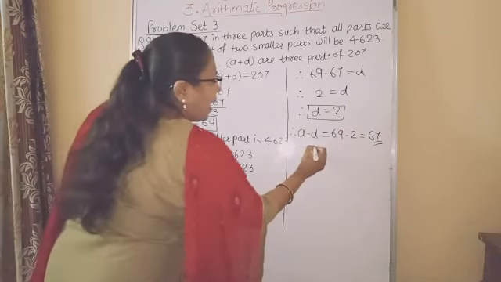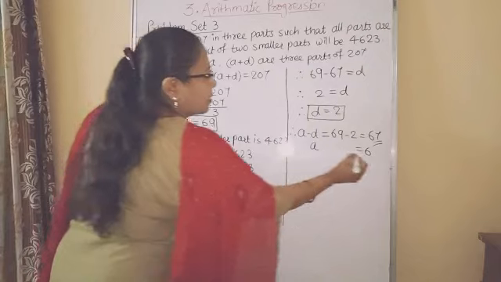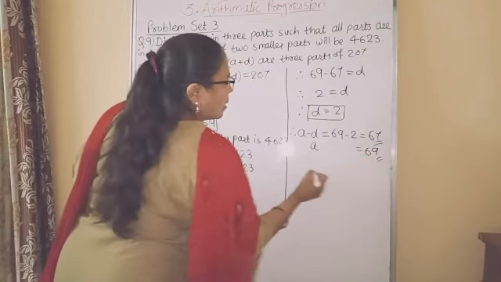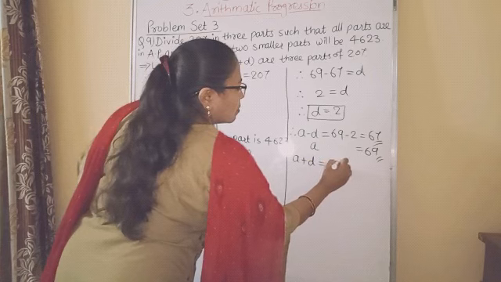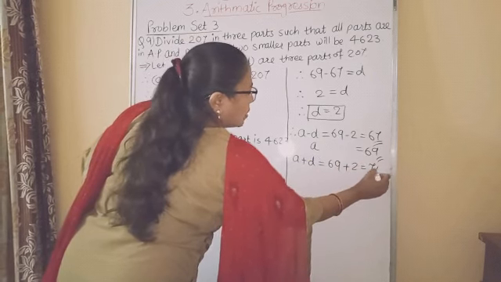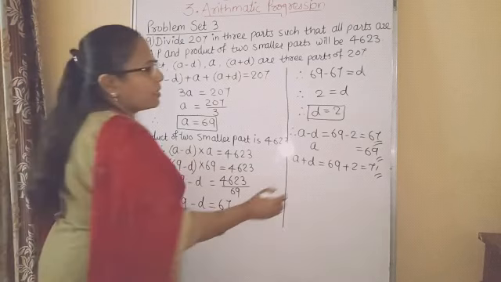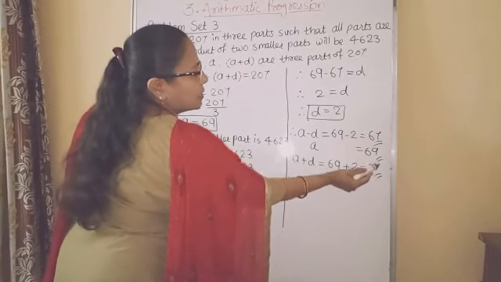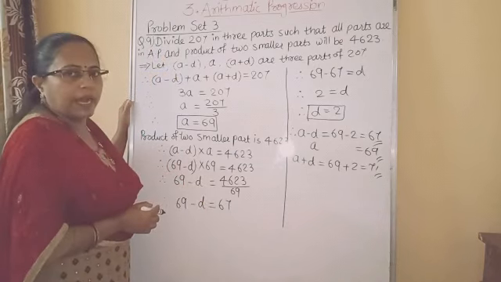Second part is A, which is equal to 69. And third part is A plus D. So 69 plus 2, which is equal to 71. Understood? That means 67, 69 and 71. These are three parts of 207.